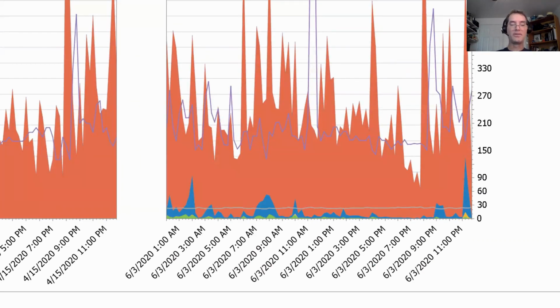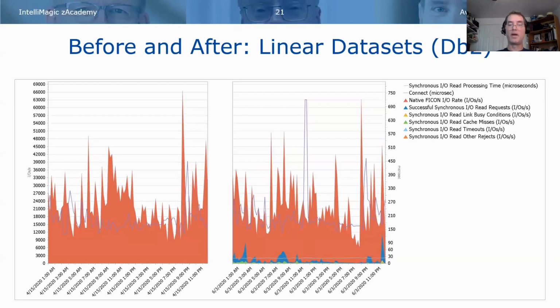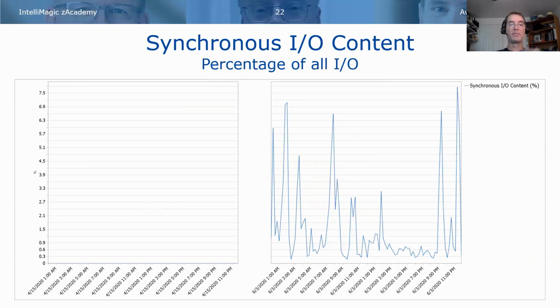I can zoom in and I can see the little bits of green. Those are a few of the requests that failed, where the data was not found in cache, and that can occur. But it doesn't mean, as I described earlier, that it wasn't worth it to make that request. If we look at the percentage, in this environment it's a little higher, 6-7% compared to all I/O.